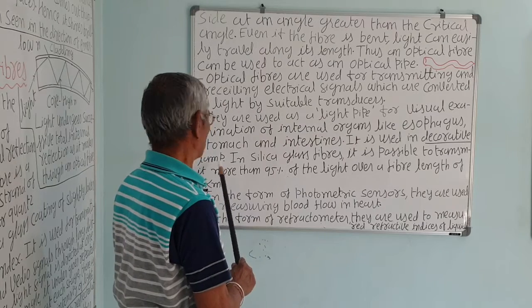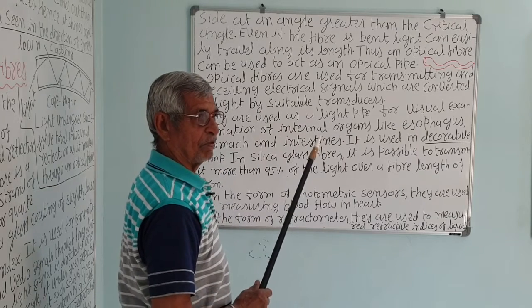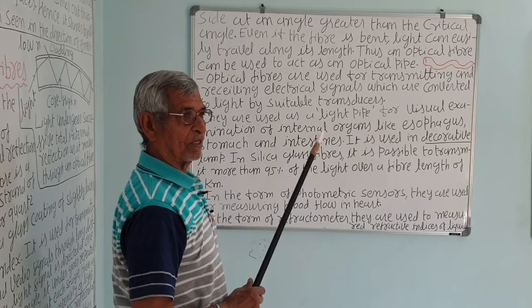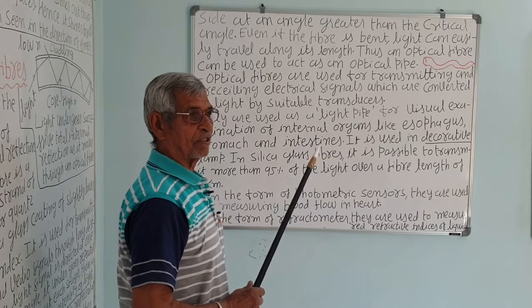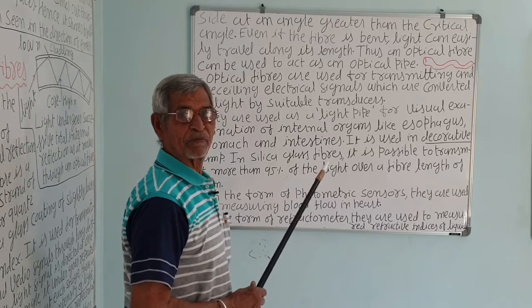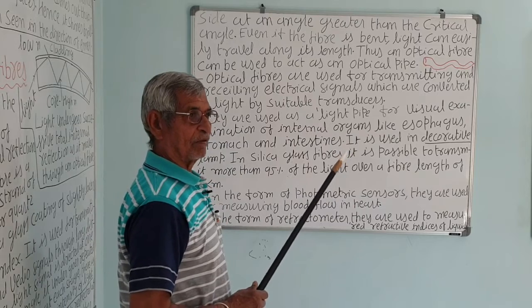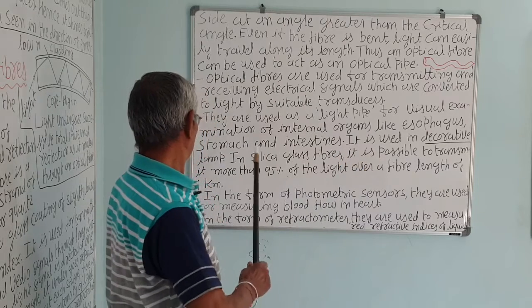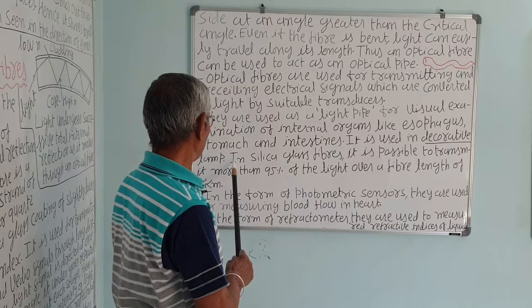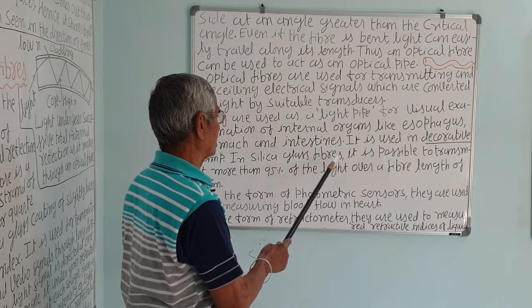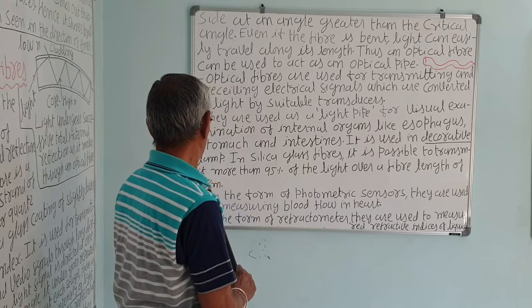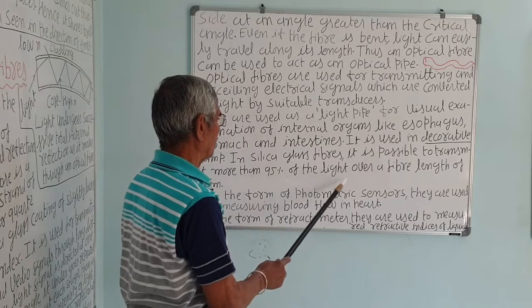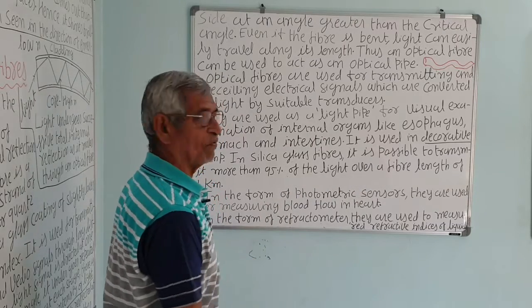It is also used in decorative lamps. In decorative lamps, the bulb is connected to a bundle of fibers at the bottom, and the light passes through the optical fibers, so at the end it shines brilliantly. In silica glass fibers, it is possible to transmit more than 95% of the light over a fiber length of 1 kilometer.